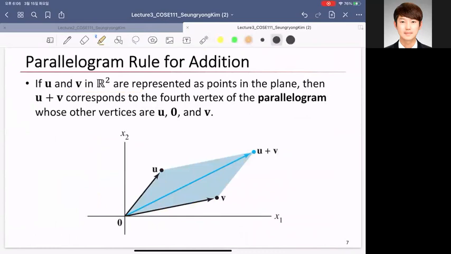One more definition is the parallelogram: the parallelogram rule for vector addition. Parallelogram means 평행사변형 in Korean.